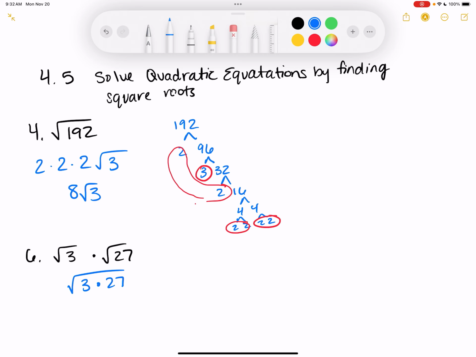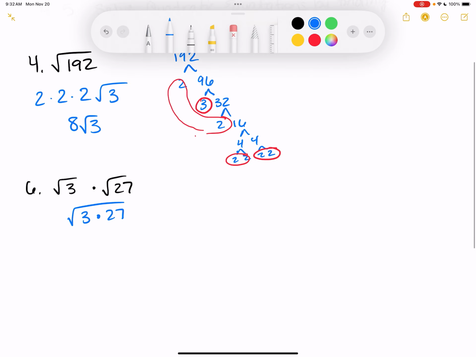And what's 3 times 27? 81. So the square root of 81 we know is 9. So we don't even need to break it down to be able to do that.